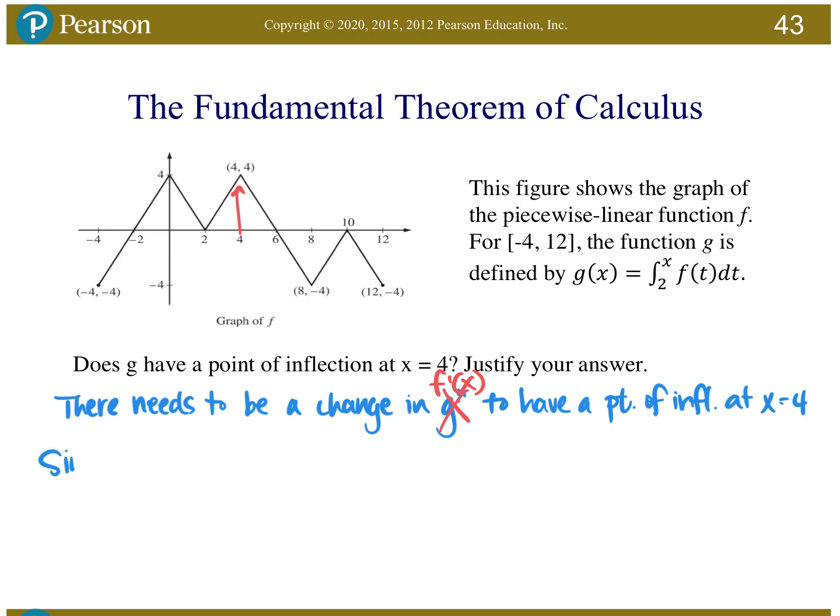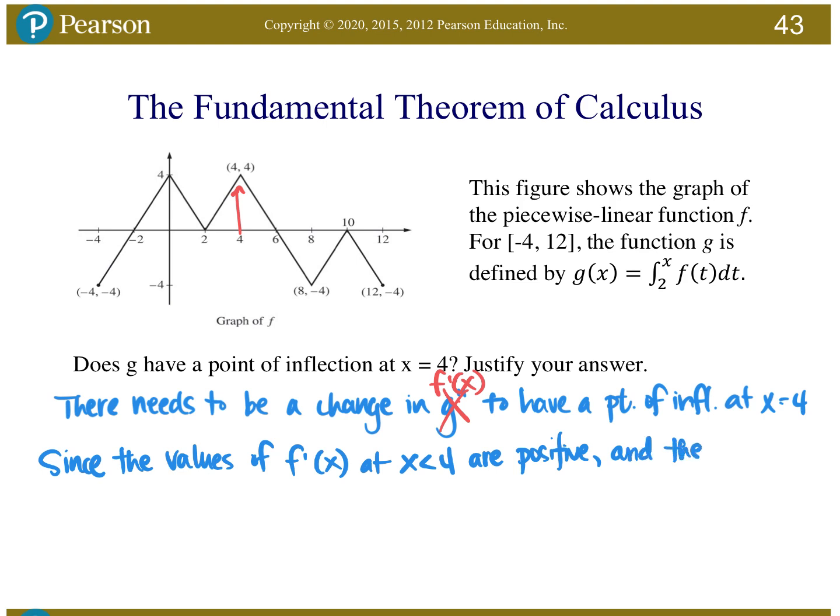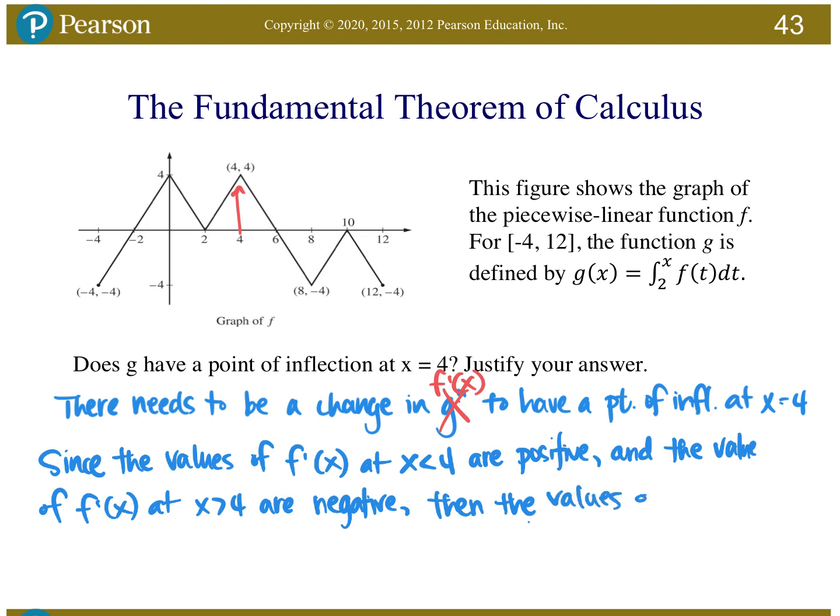So since the values of f prime of x when x is less than 4 are positive, and the values of f prime of x, excuse me, at x greater than 4 are negative, so there's negative slope now, the values of G double prime are also changing in the same way, which means there is a point of inflection.